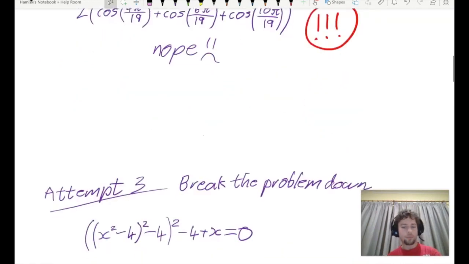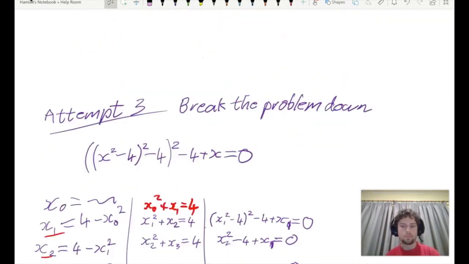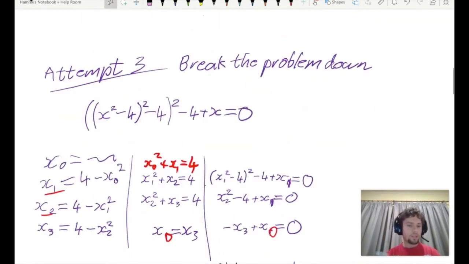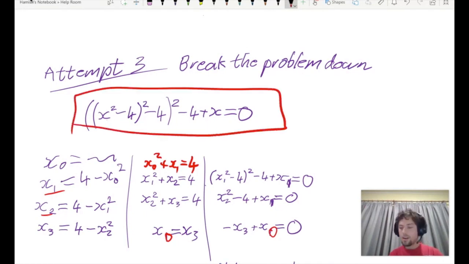So instead, we want to break the problem down into manageable steps. We do this by rearranging the equation once and then looking at what it has that we can use to our advantage. Well, it's got this sort of recursive nature to it. So we're looking at this equation here. We see there's this -4 and the squared, and they keep alternating and turning up.